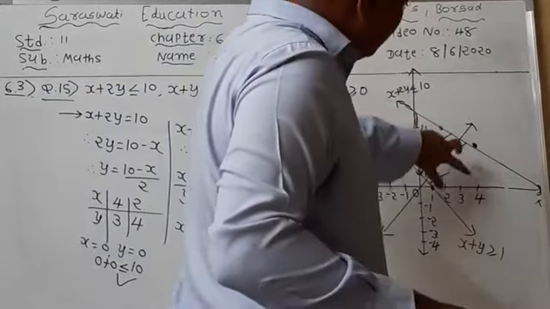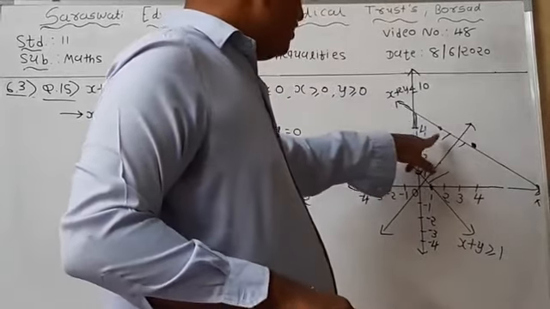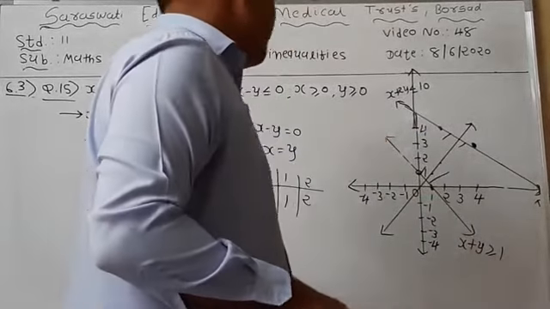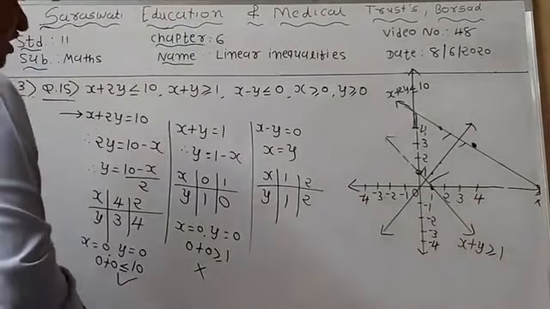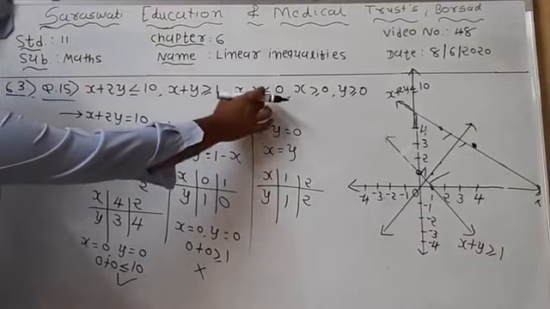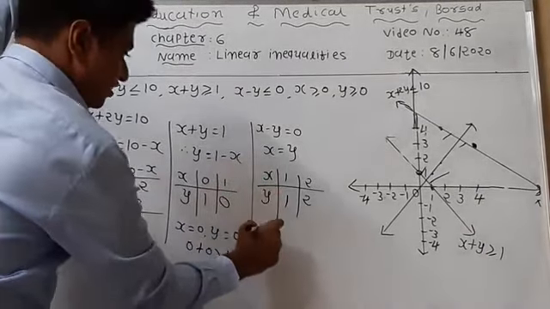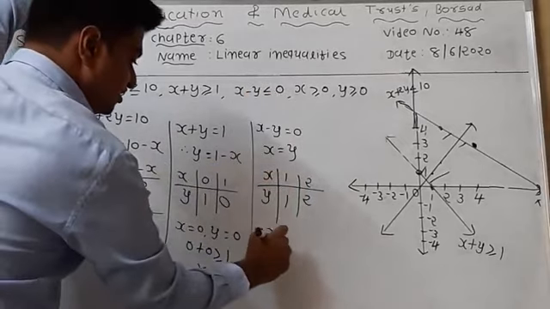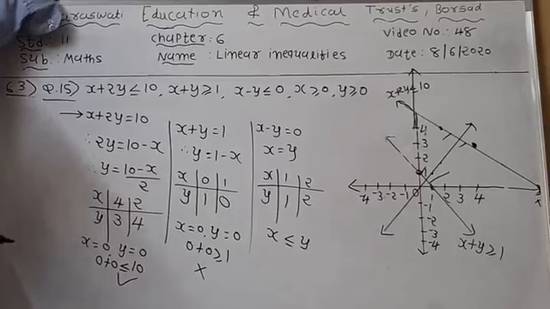Means only two possibilities: shaded portion on this side, otherwise this side. Now how can we decide? It depends on the third condition. Here x is 0 and y is 0, so 0 less than or equal to 0 is present. But writing y on the opposite side, we can write x less than or equal to y.